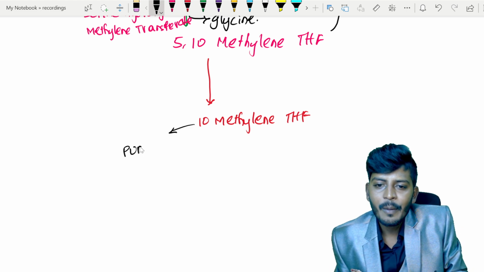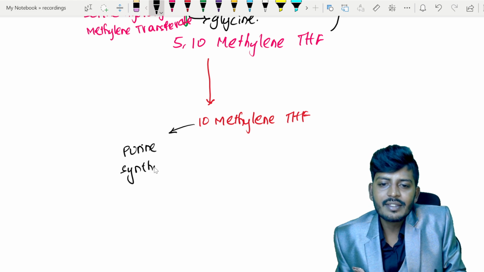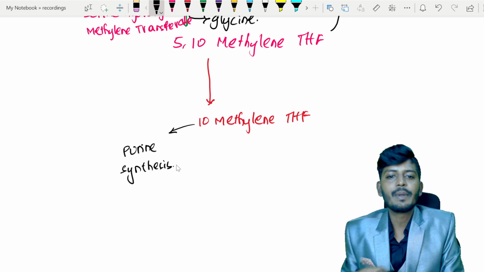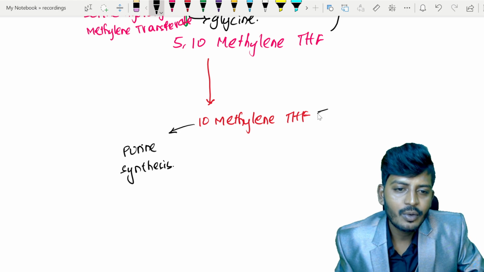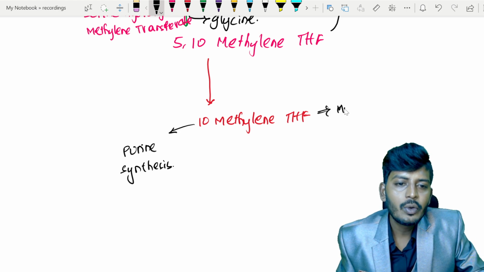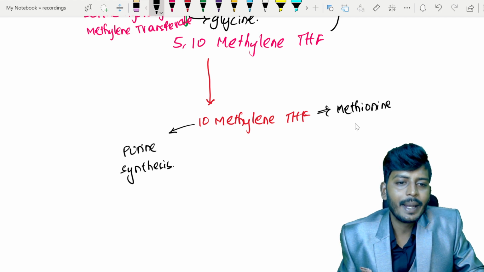Along with purine synthesis, it can also enter into methionine metabolism. What is that? Methionine metabolism.